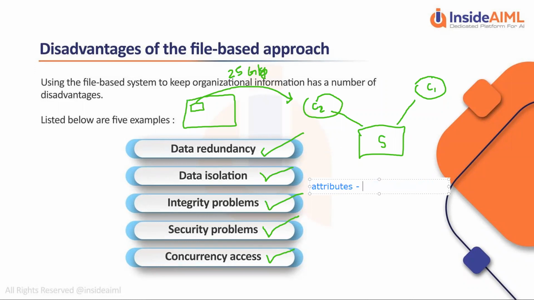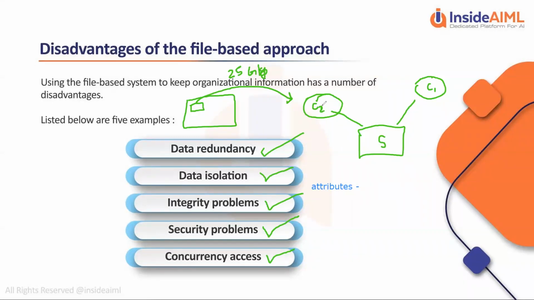Now, once you get these attributes, what you will have to do is actually download all the content of this file onto this particular client system, this client system C2. So this 25 GB of data, unnecessarily, you have to download. So this client C2 will download it, and then it can access whatever data is stored in that. That was also a problem. Why was that a problem?